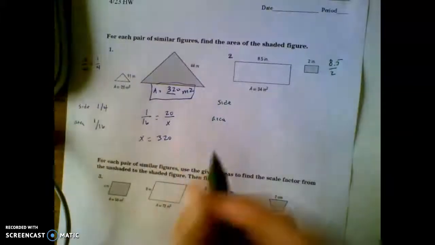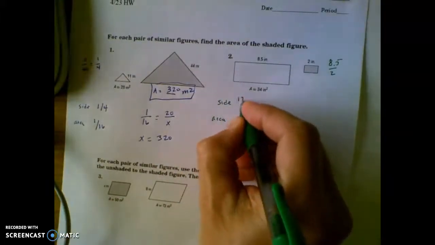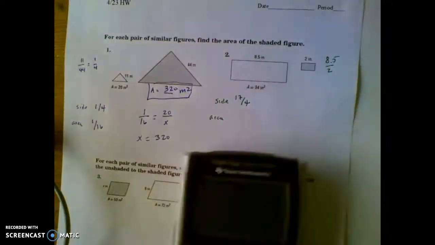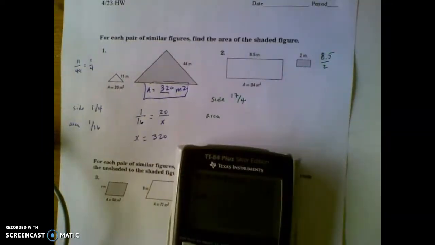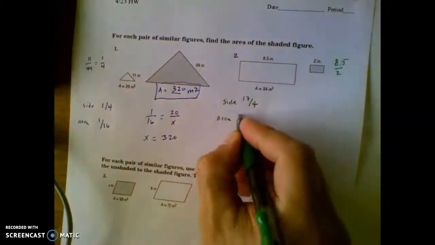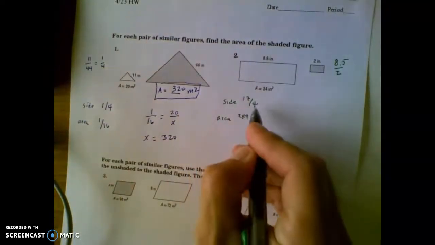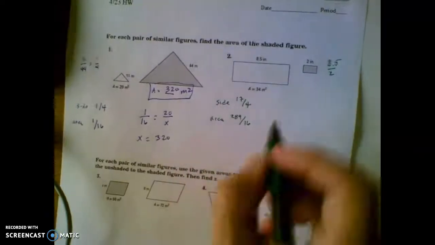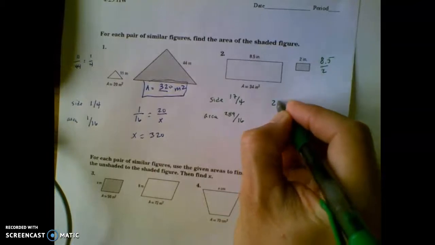So 17 to 4 is the side ratio. Remember, now I need to find the area ratio, so I need to square those numbers. So 17 squared, I'm going to have to use my calculator on that. 17 squared is 289. The 4, I square that and I get 16. So that's my area ratio. That's what I'm going to use in the proportion.